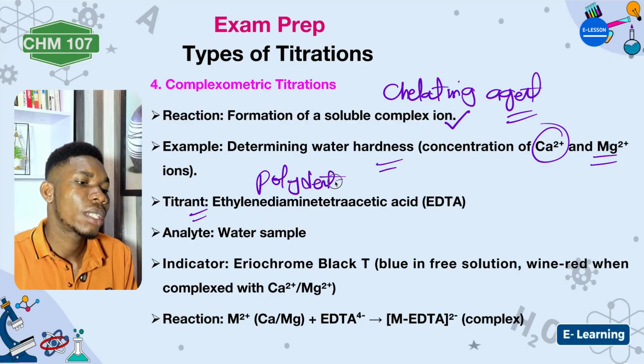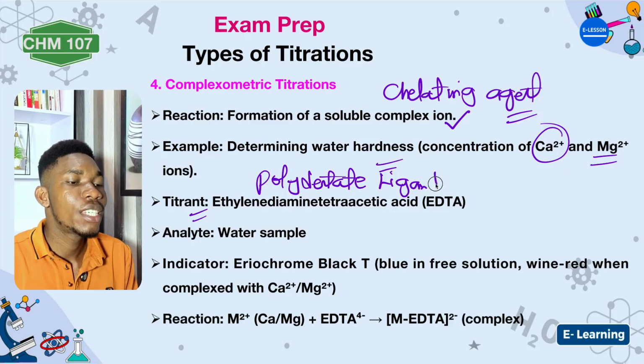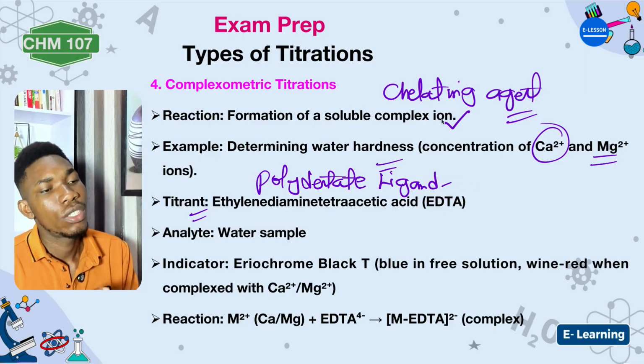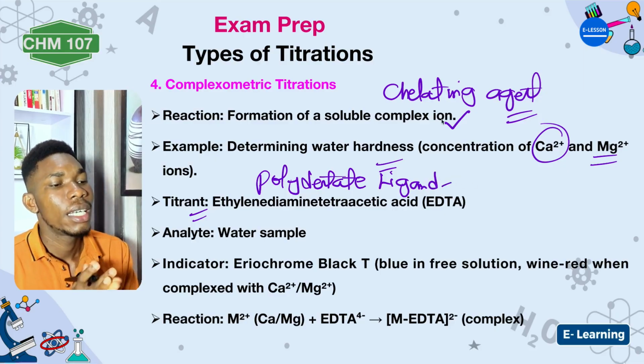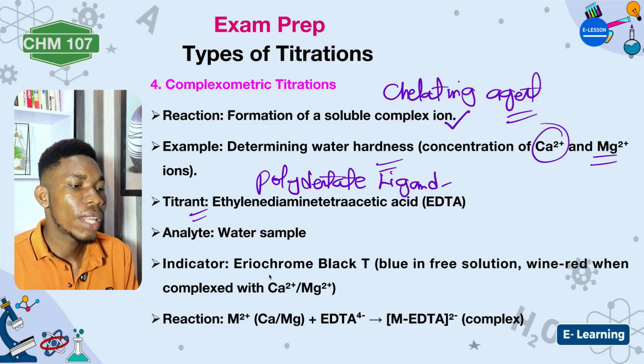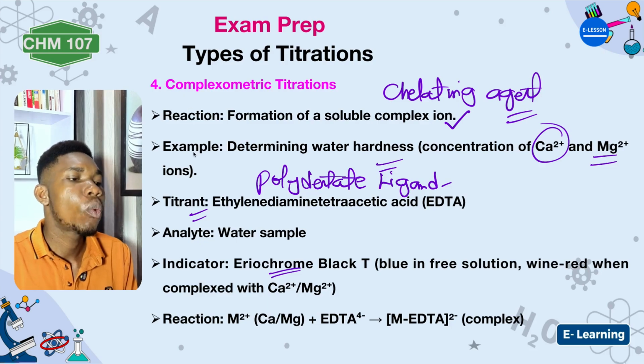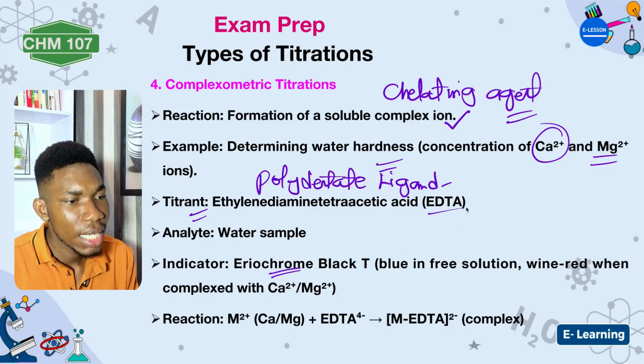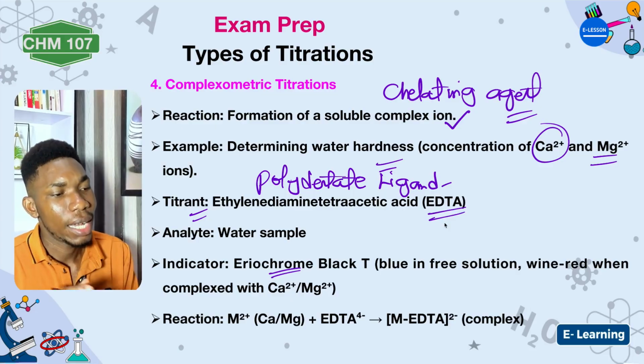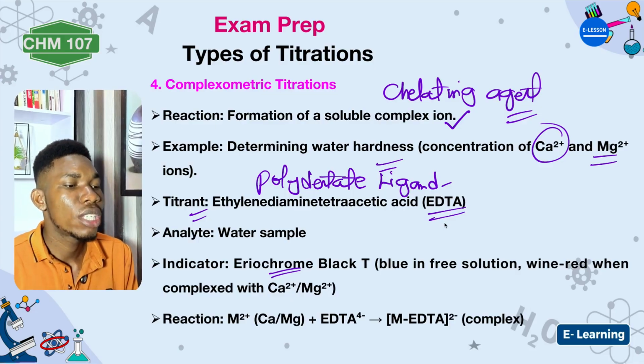Most of you will not really understand what we mean by polydentate ligand. And it is also a chelating agent, like I said, that is usually used. All right. The indicator that is used in that case is Eriochrome Black T. So in complexometric titration, what is the titrant often used? EDTA, ethylenediaminetetraacetate. All right. The indicator used is what?